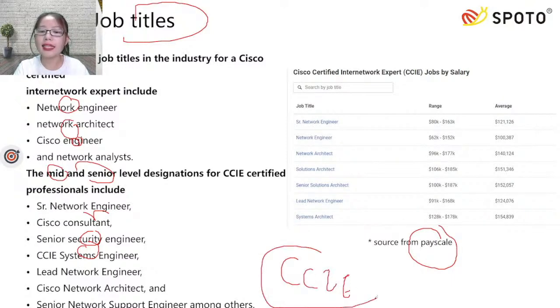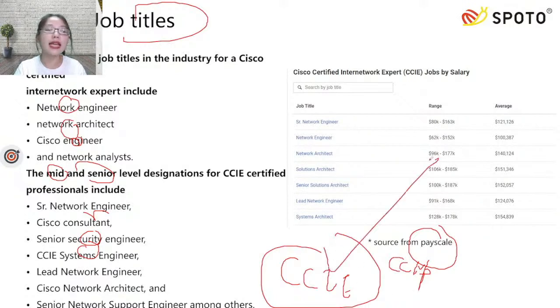So the result must be obvious. The person with the CCIE certification is finally admitted.